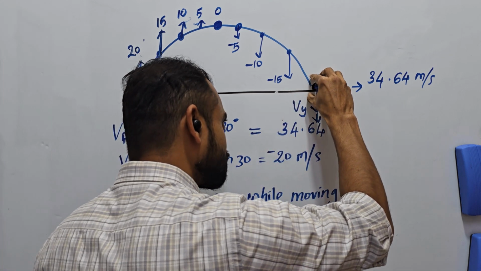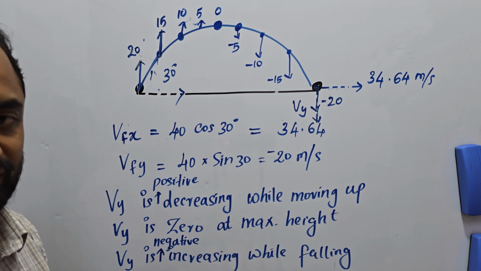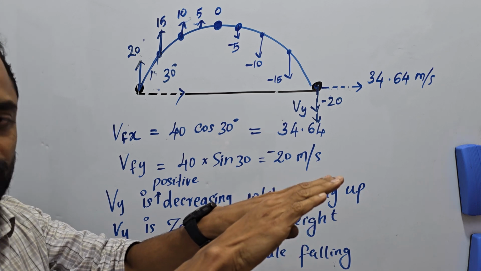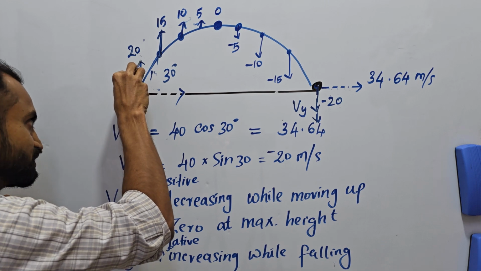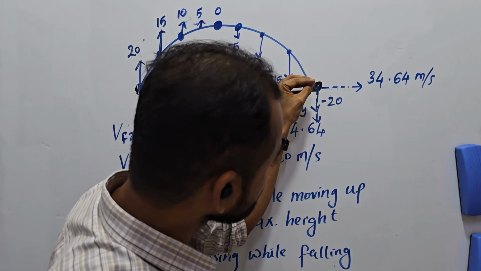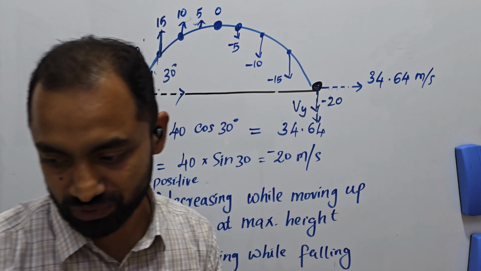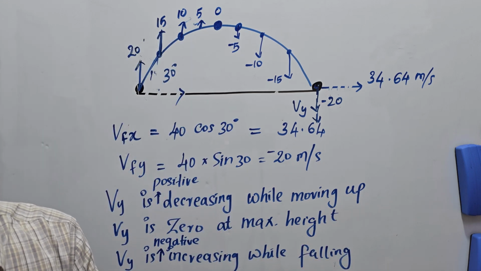When it reaches here, again its potential energy is 0, it has only kinetic energy. In an ideal motion, no energy is lost. The kinetic energy when it is starting and when it reaches here is the same, which means it has the same speed.